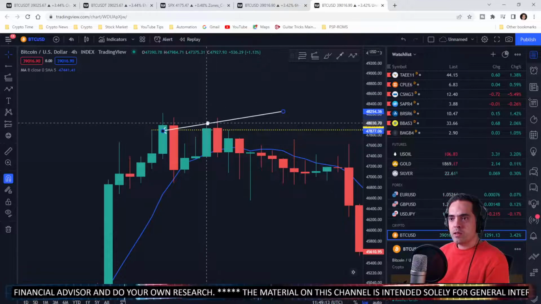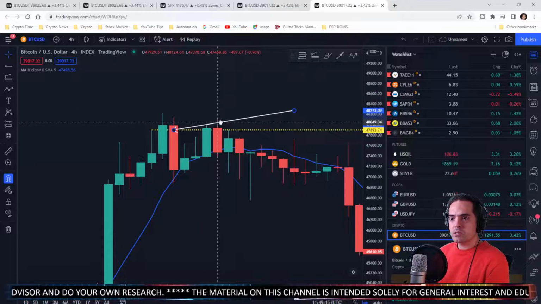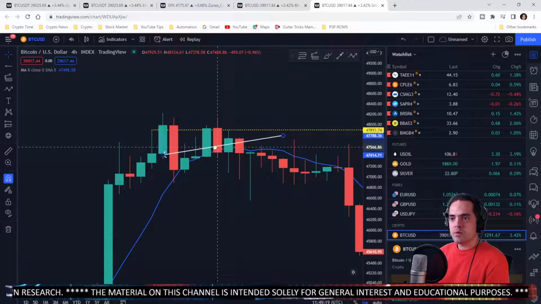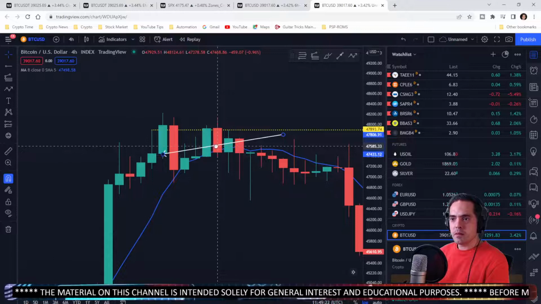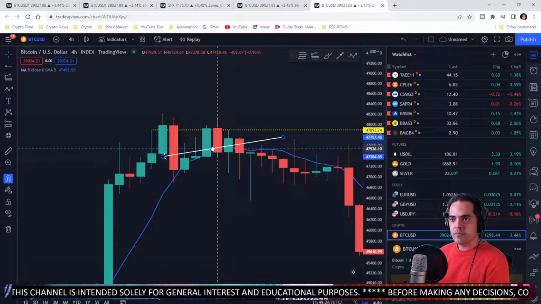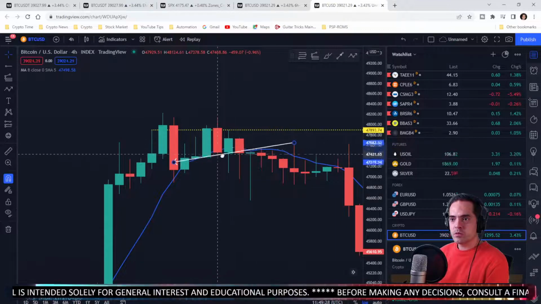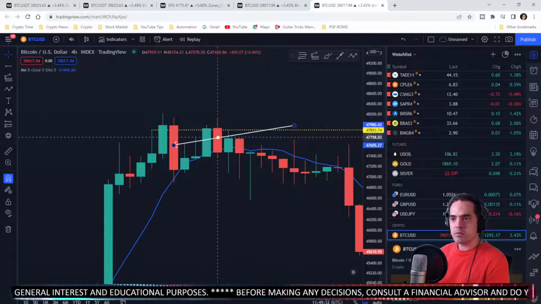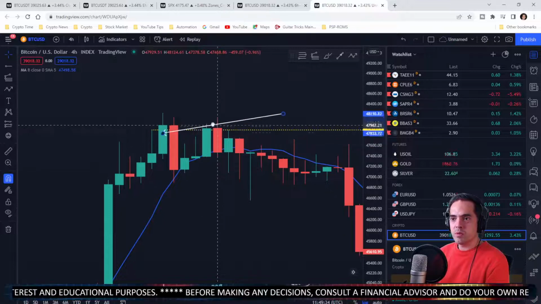If you look at the next candle, which is this red candle here, it is losing the previous candle's bottom right here. It's closing below this candle right here. So this candle is closing below this one.